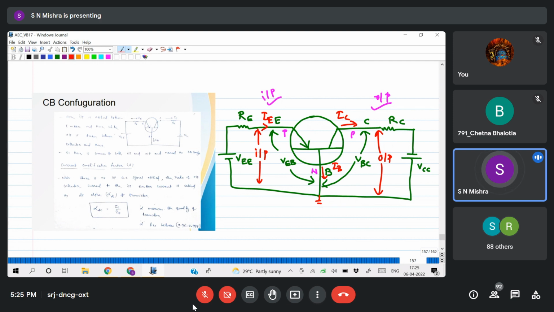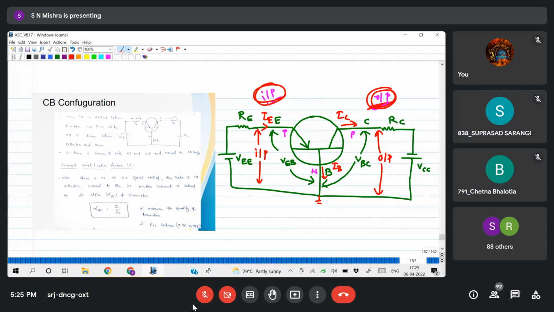What is the current in the output side? What current are you finding here? Sir, IC. And at the input side, what current do you see? IE. Okay. So output current by input current is equal to IC by IE.